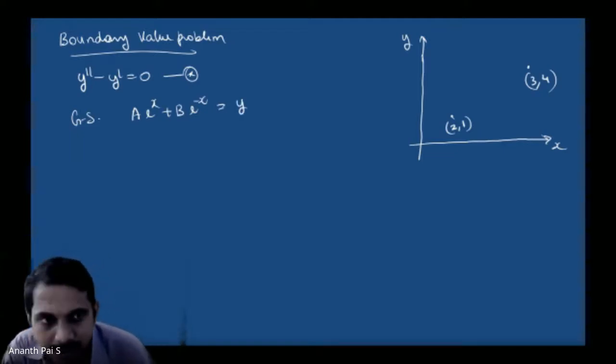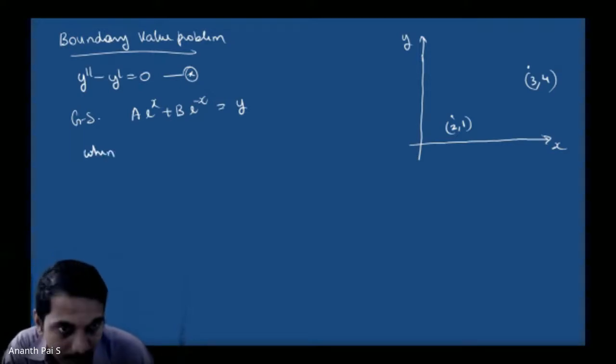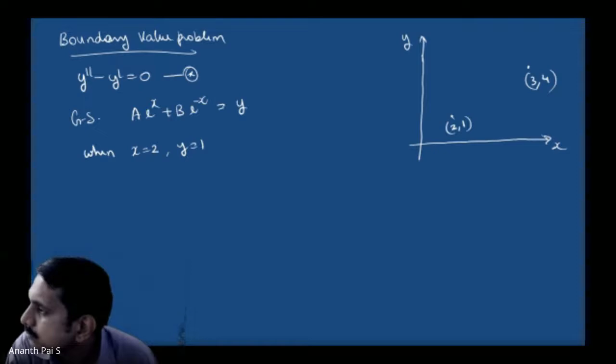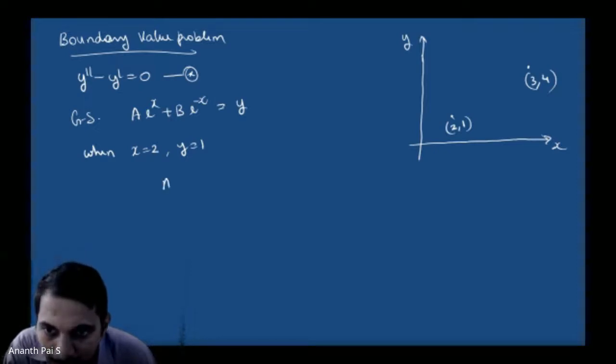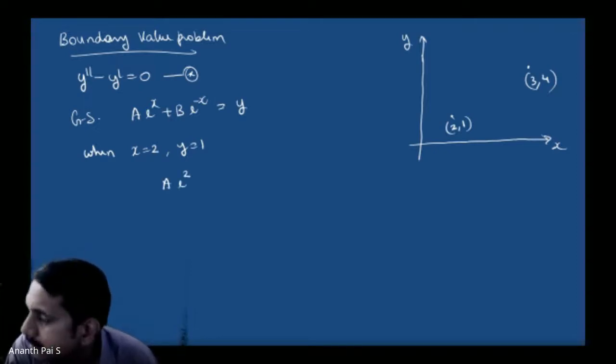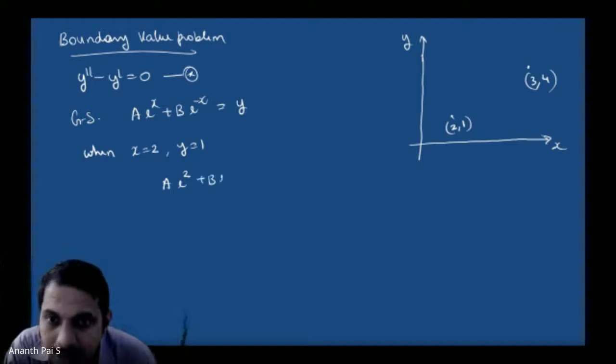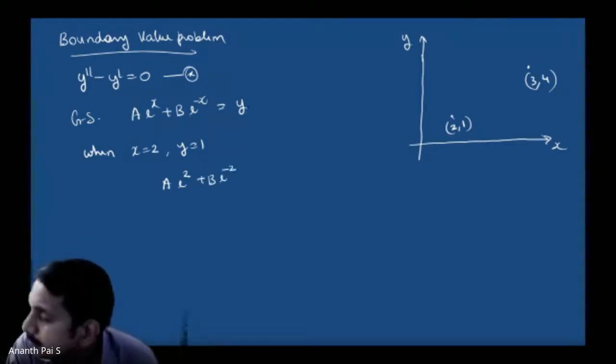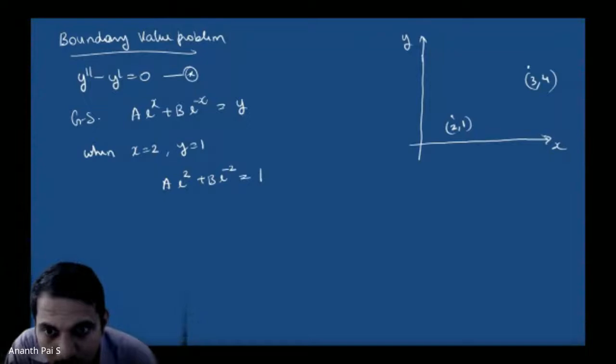You find first, for the first condition, when x is equal to 2, y is equal to 1. So you put a e square plus b e power minus 2 is equal to 1.